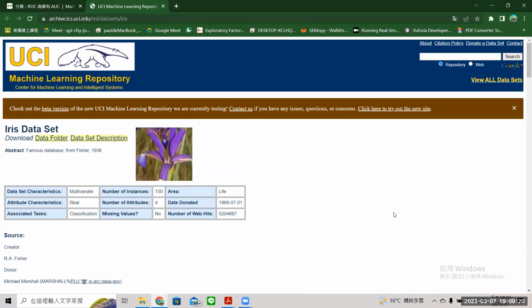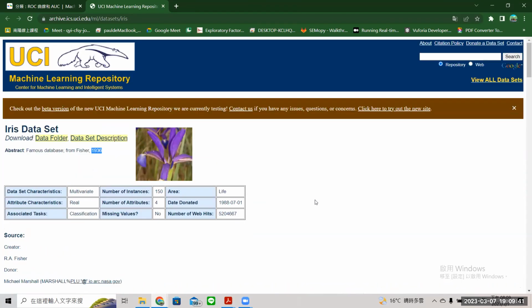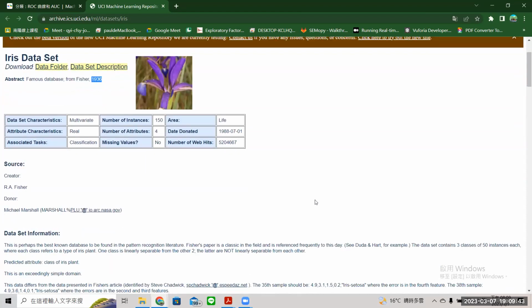It's old data, from long ago, about 1936. In those days, this scholar recorded the characteristics of the flower very completely, so we can still utilize them very well today.